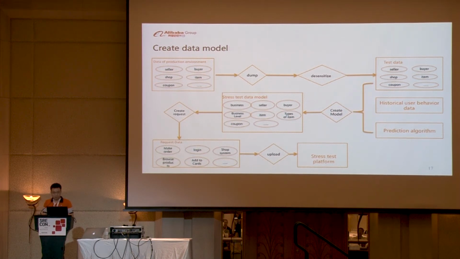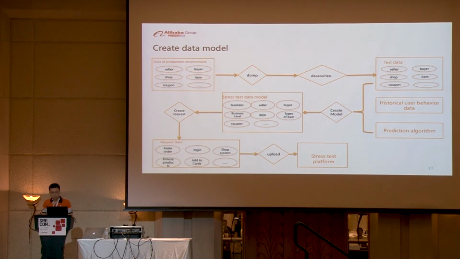Based on this basic data, use the estimation algorithm to generate the business model of Double 11. The business model contains hundreds of factors, for example, buyer number, buyer class, seller number, seller class, product number, product class, and so on.